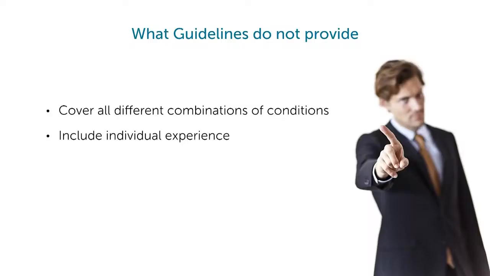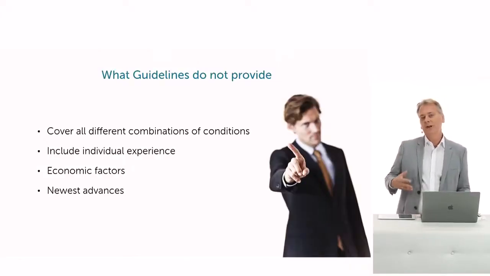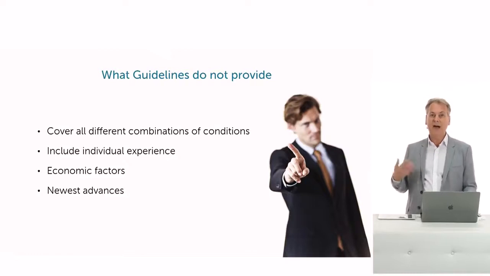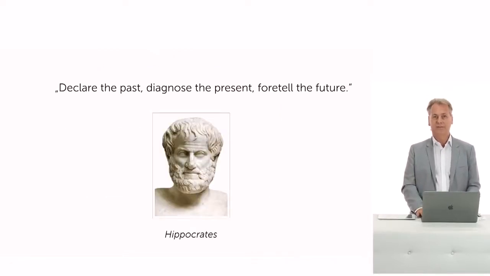They do not include your individual experience, which I believe is also very important, and they do not, of course, consider economic factors, the price, for example, of a mitral clip procedure and the availability in your individual country. So, in essence, they do not always cover the newest advances. Should we still use them or not? Well, I believe yes, and I will show you how you can use them in the setting of mitral regurgitation.